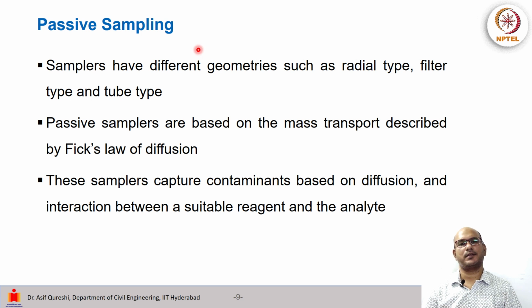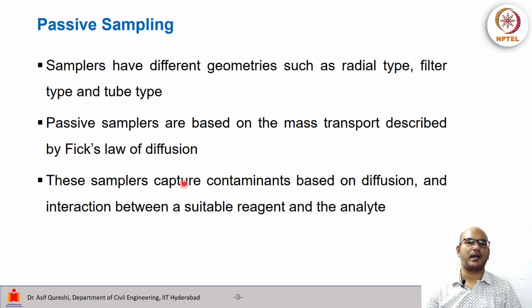These passive samplers have different geometries, and they can be of radial type, filter type and tube type. The basic principle behind the operation of passive samplers is the diffusive mass transport process, which is described by Fick's law of diffusion.